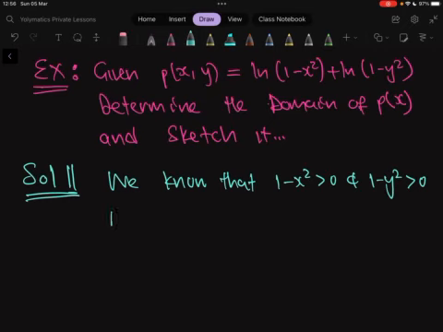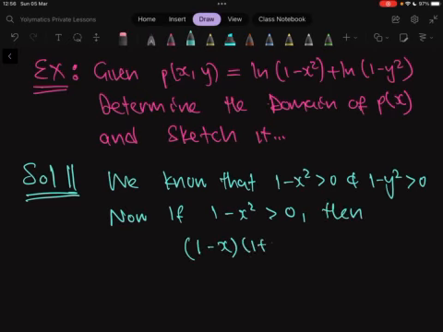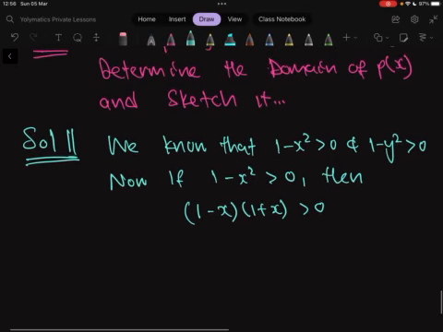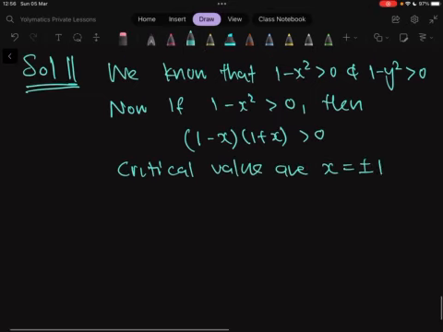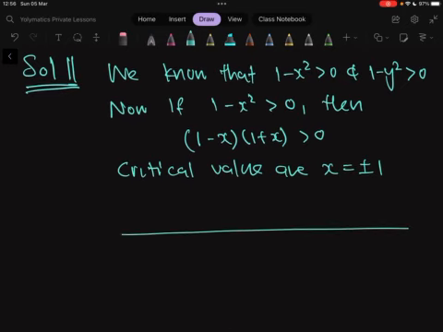Now, if 1 minus x squared is greater than 0, then what do we know? We know that (1 minus x)(1 plus x) must be greater than 0. The critical values are x equals plus or minus 1. Having these critical values suggests three regions to explore: x less than minus 1, between minus 1 and 1, and x greater than 1.